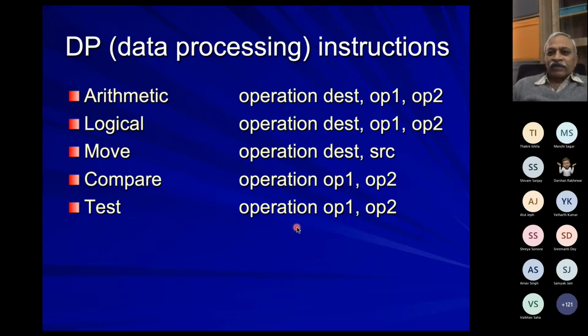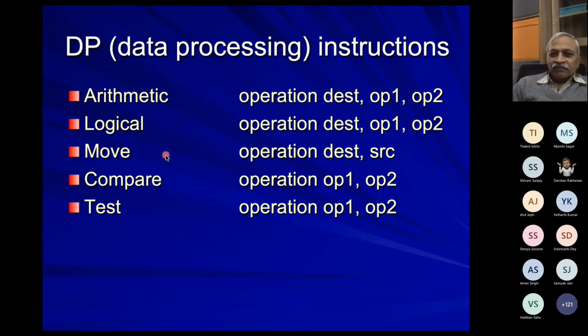They form one category of instructions which are represented in a similar manner. It includes arithmetic and logical instructions, which operate on two operands and have one destination: one destination, two operands, OP1, OP2.